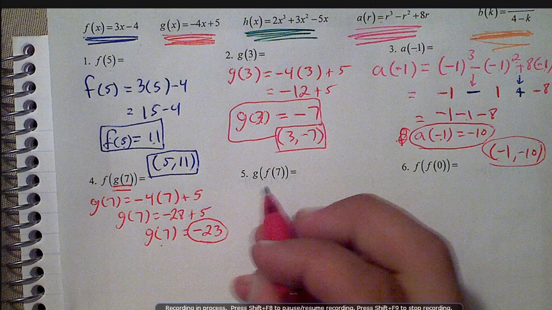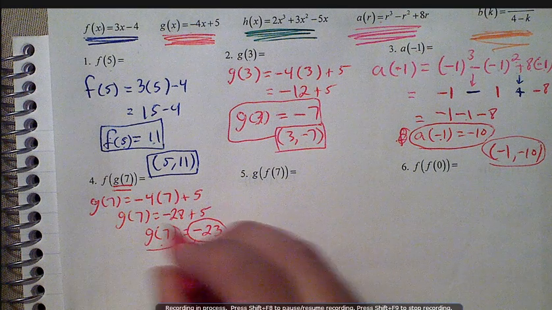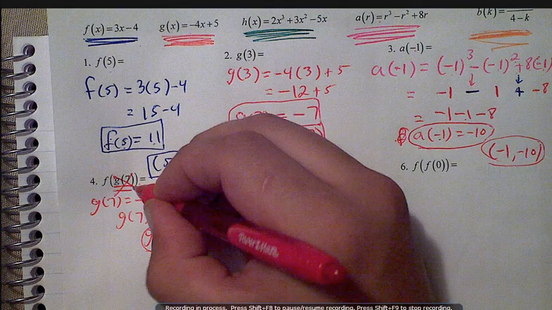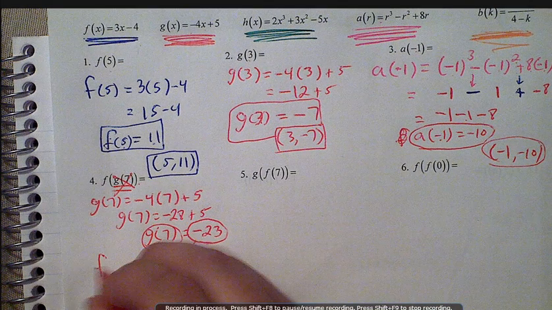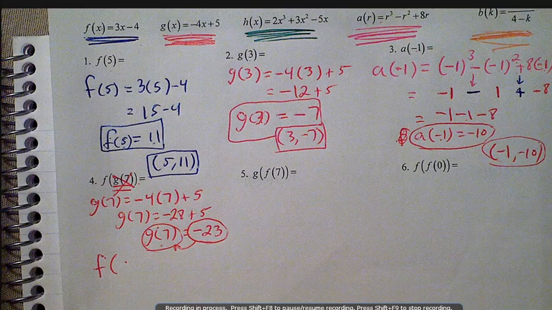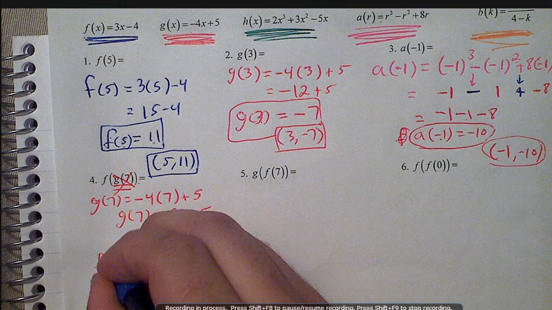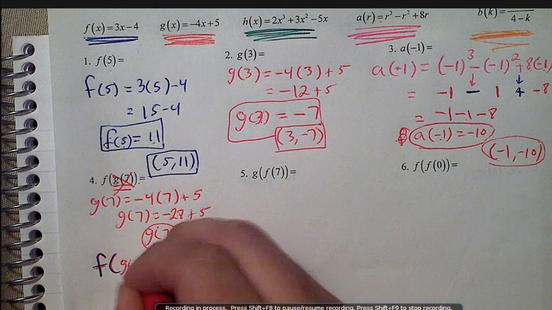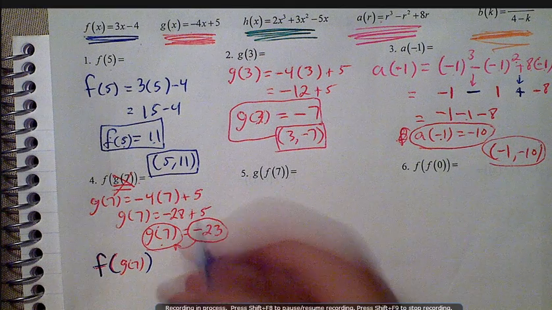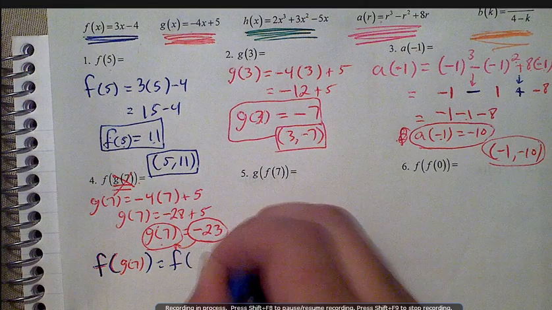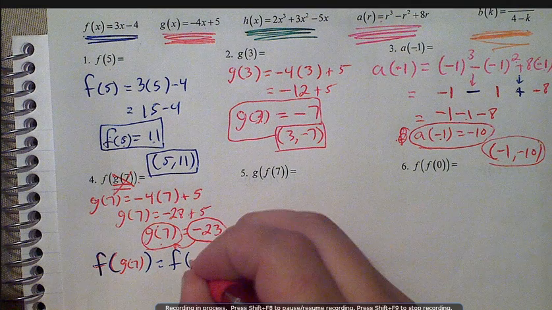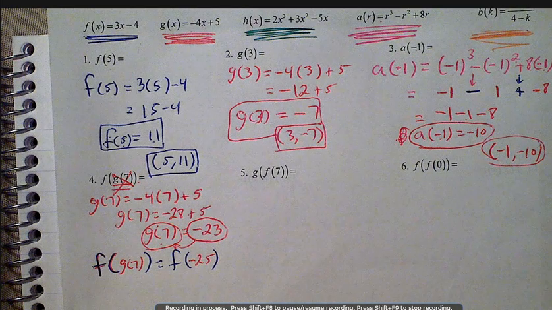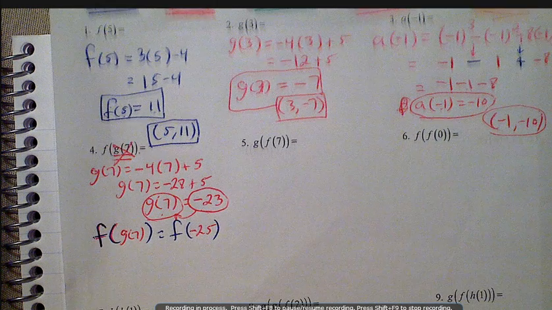So in my original problem, instead of f of g of 7, this is going to become f of negative 25. Okay, because g of 7 is negative 25. We found that first.